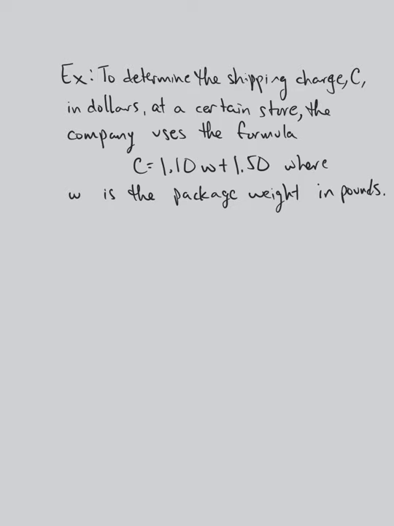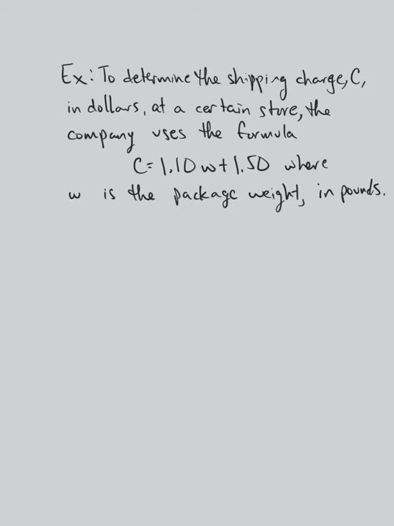You're going to see wording like this, and people get overly confused, partly because they feel they have to understand everything deeply at once. First of all, just read it over. To determine the shipping charge C in dollars at a certain store, the company uses this formula, where W is the package weight in pounds.